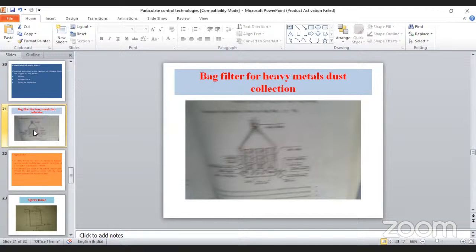Then it enters the gap between the second and third tray. Like that, the gas moves in a zigzag motion. So the residence time of the gas inside the chamber is more. So whatever particles are there, settle down in more quantity. So the settling velocity must be more. Here also we are doing the same thing.